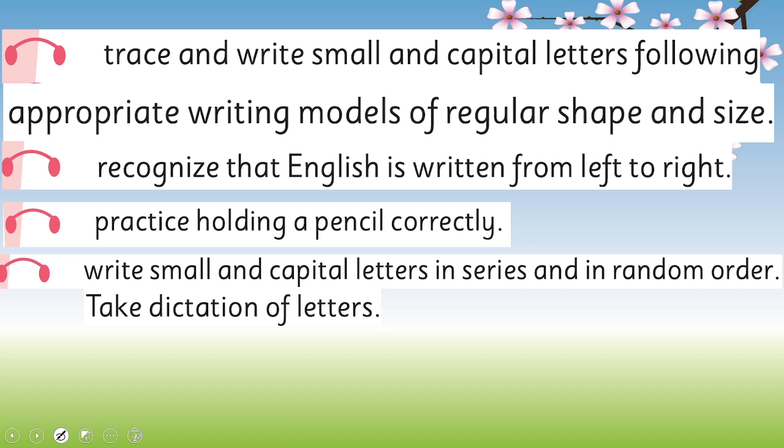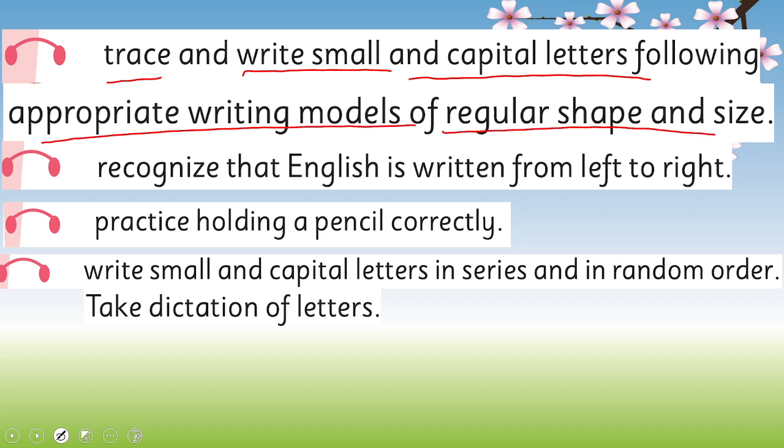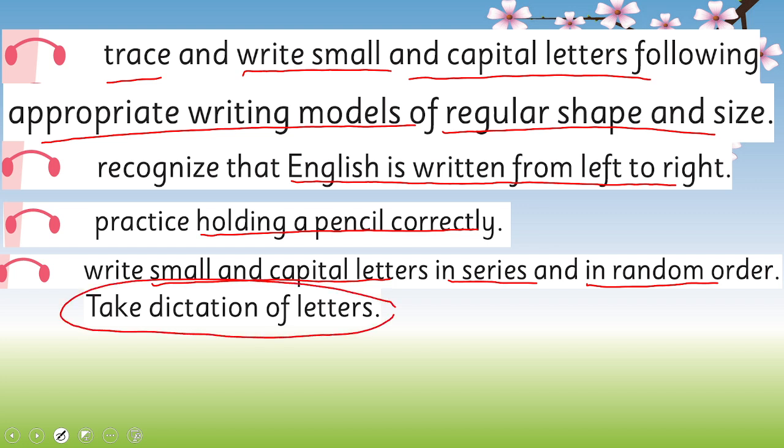So in this way, we have covered all the SLOs for today, trace and write small and capital letters, following the appropriate writing model of regular shape and size. We learned how to write English from left to right. We learned how to hold the pencil correctly, and we also learned small and capital letters in series and in random order, and dictation work has been given.